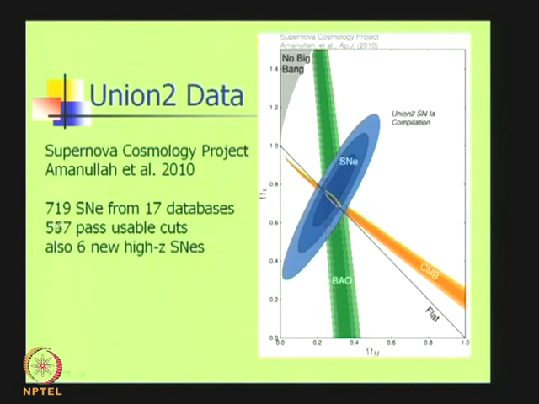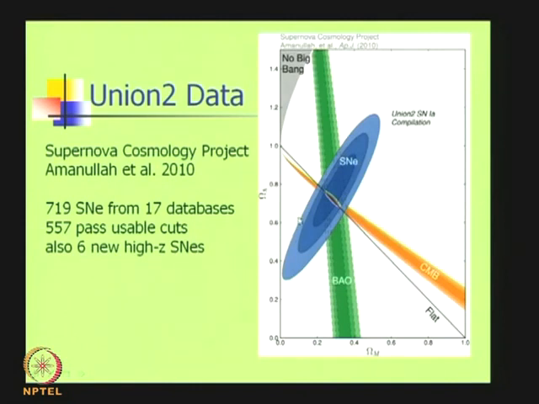It has 719 supernova 1A from 17 databases, of which 557 pass the usable cut, so 557 of them are usable. In addition, it also has 6 new high redshift supernova, and they have combined all of this data, and they are able to impose this region of omega matter, omega lambda parameter space, to which they are able to constrain the models.